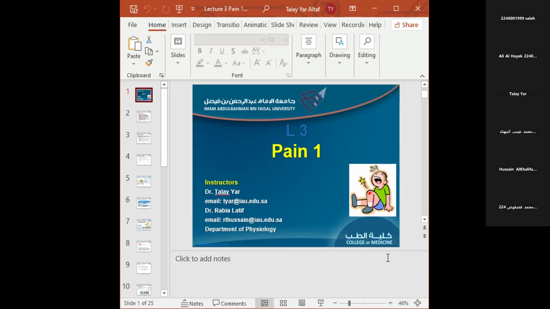Make it bigger by the strap in the right corner, and we can go along with this. Maybe the application has a problem with full screen.